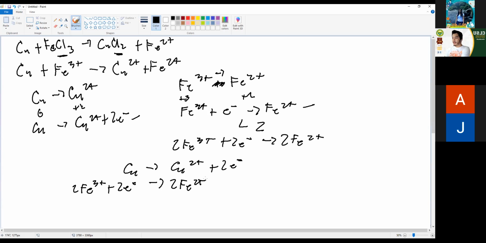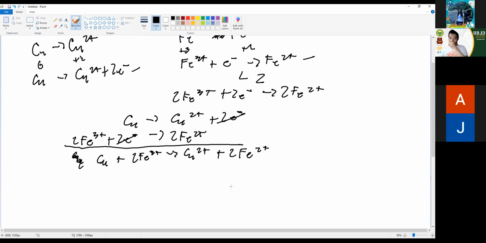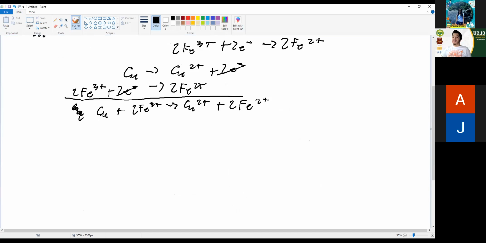So cancel yung electrons, magiging copper plus 2Fe3+ will yield Cu2+ plus 2Fe2+. So dito 6, 2 times 3 is 6, 2 plus 4 is 6. So balance lahat. So ayan, ang tanong, gaano daw kadaming copper.